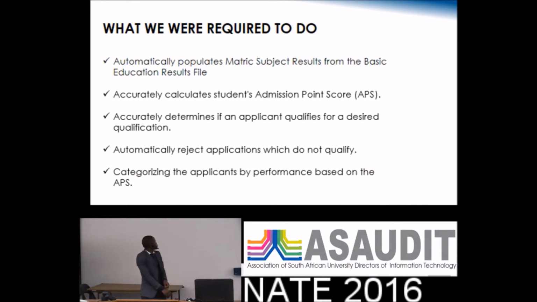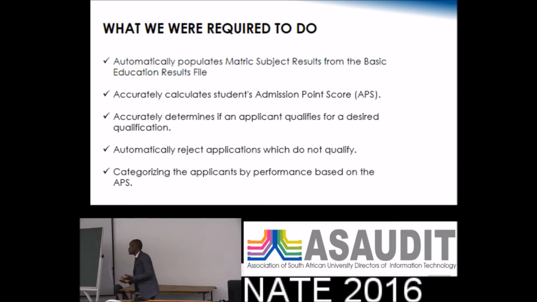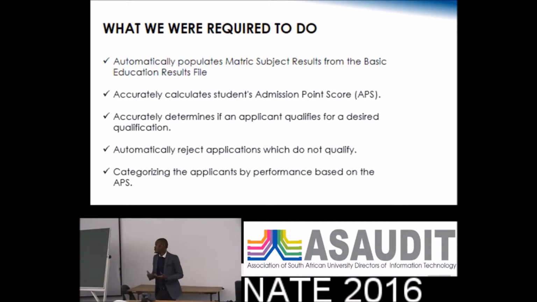We should be able to categorize applications by performance based on the APS. So this means that as a HOD, or as a person who is responsible for admitting applicants at the institution, you only work with the best performing students. So instead of working with first come, first serve, you actually work with the best performing.